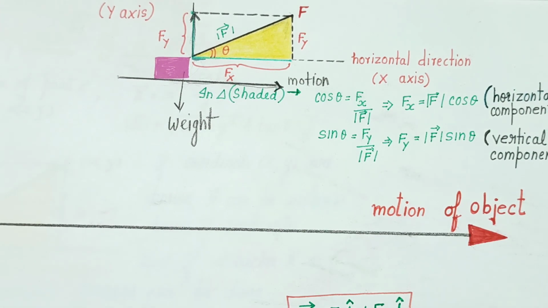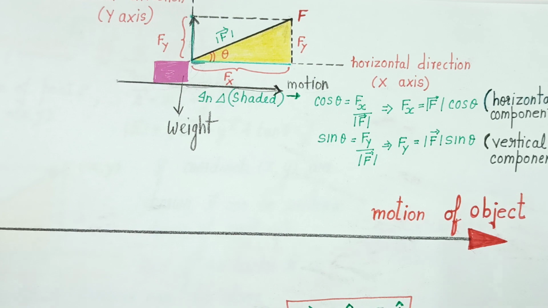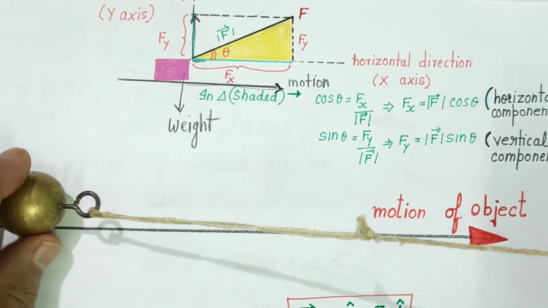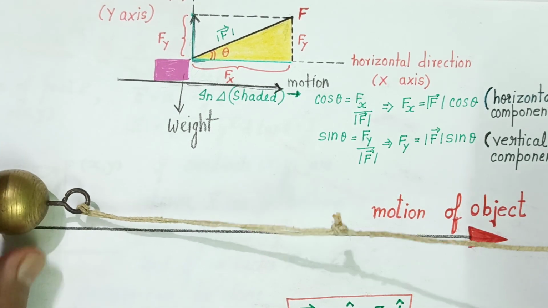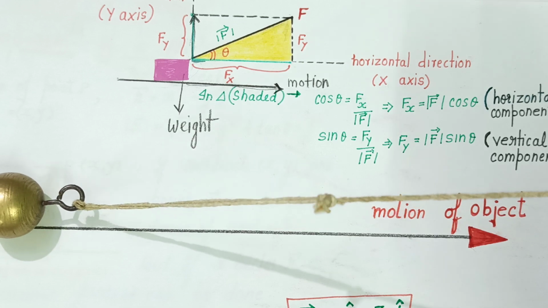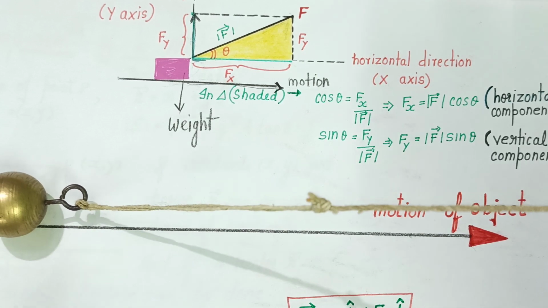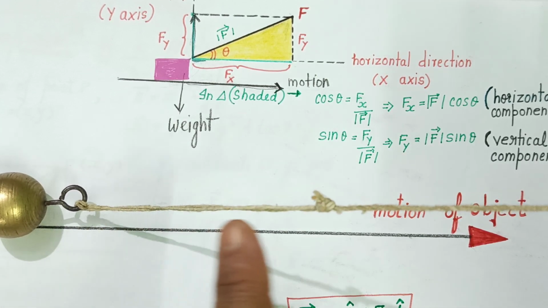But if I use a heavy object, now I am pulling again this heavy object with the help of the thread.